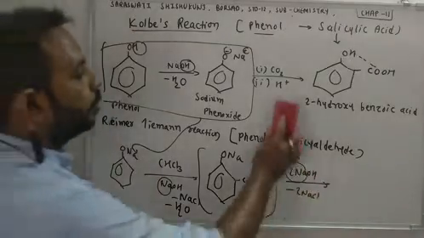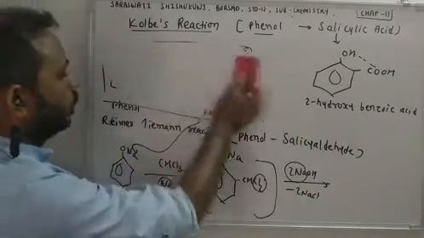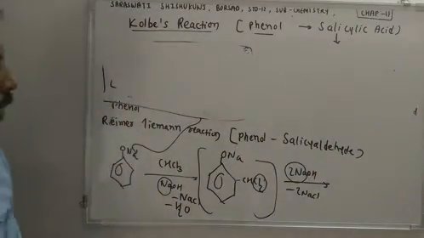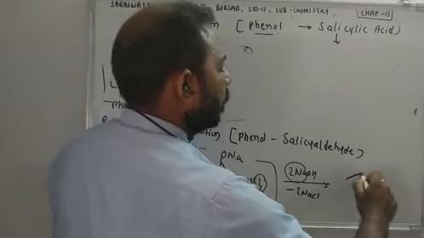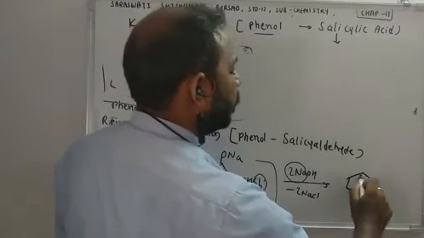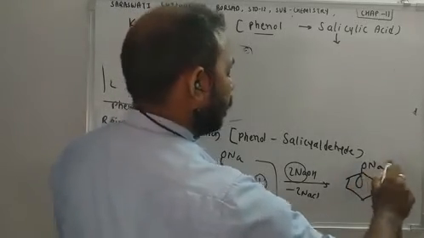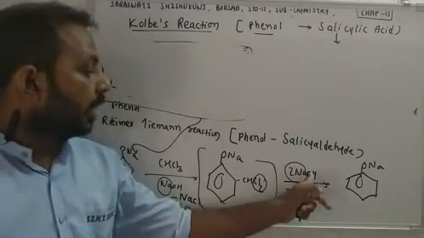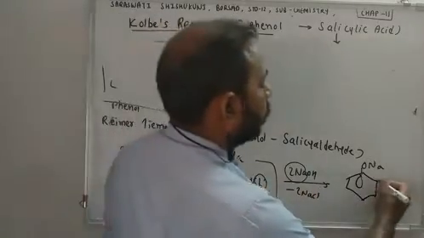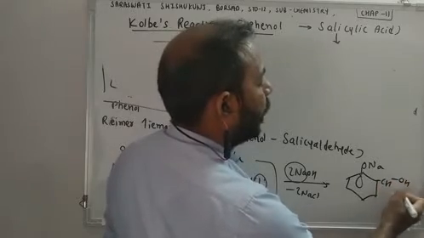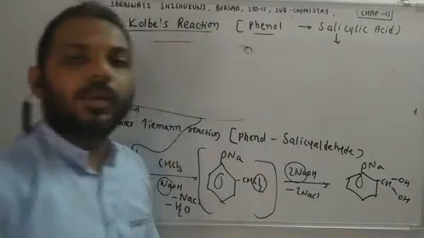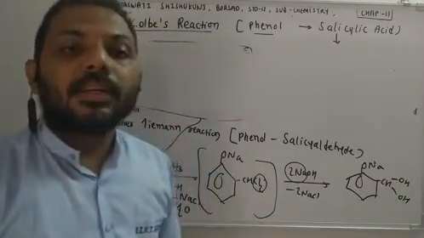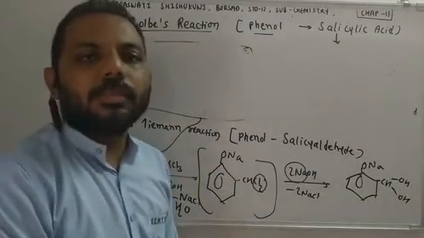Now we are getting sodium phenoxide, ONa, and 2Cl minus and 2Na plus are released. What is left? 2OH minus is left. So CH is having 2OH minus. Now 2OH minus at the same carbon is not stable.